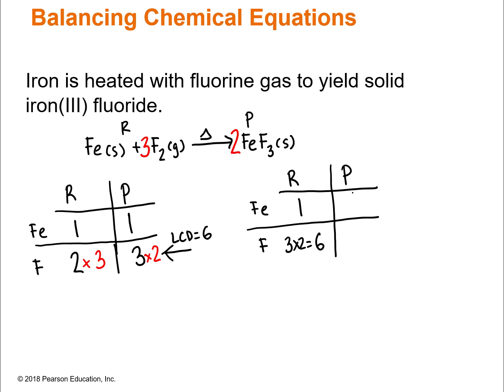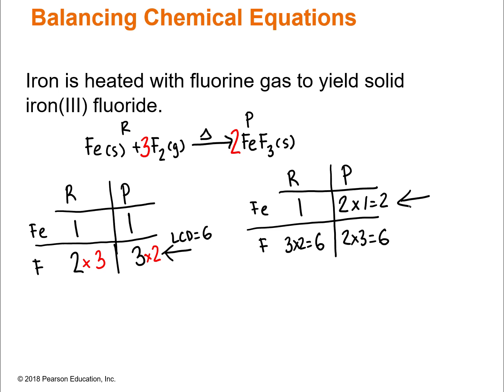On the product side, we have a 2 out in front of the iron 3 fluoride. So now we have 2 irons on the product side. And 2 times 3 equals 6 fluorine atoms on the product side.